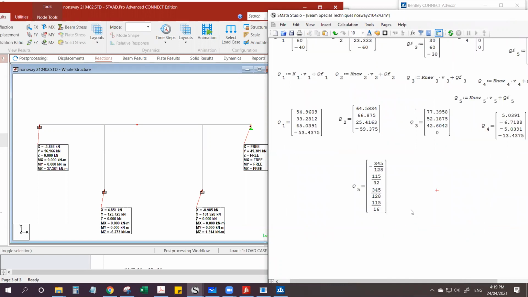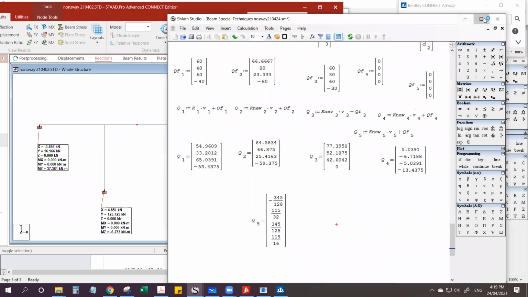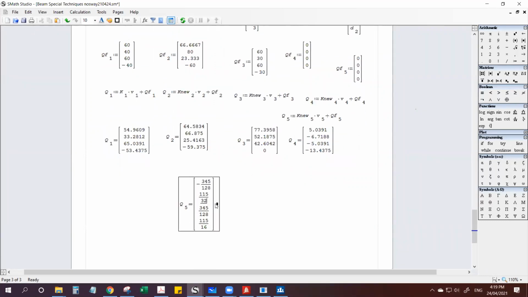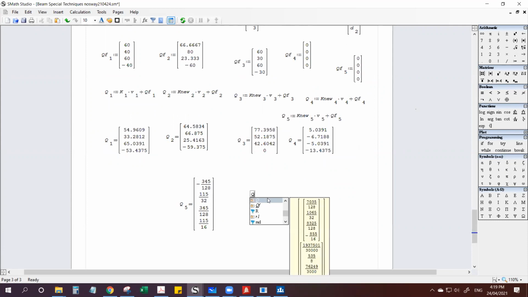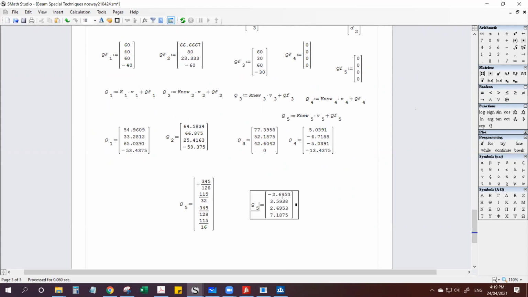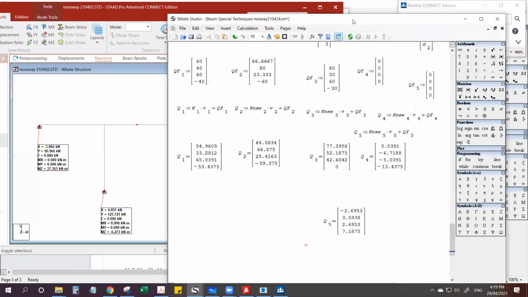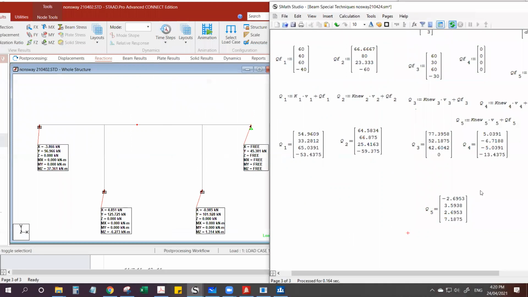Is this in fraction? Q4. Okay, and this. Okay, so I'll let you look for a bit.